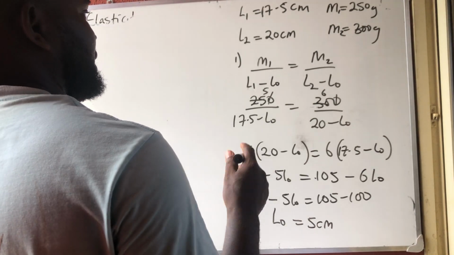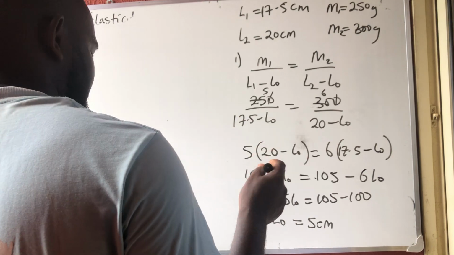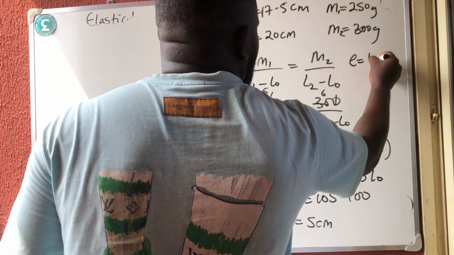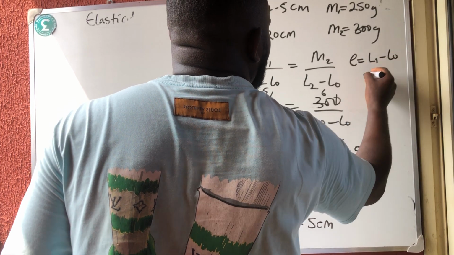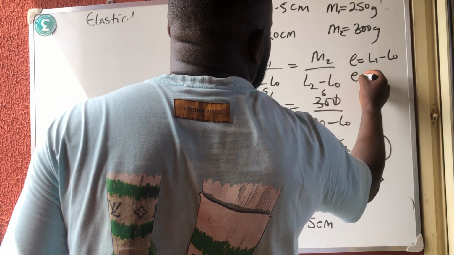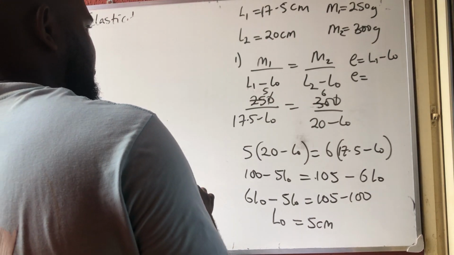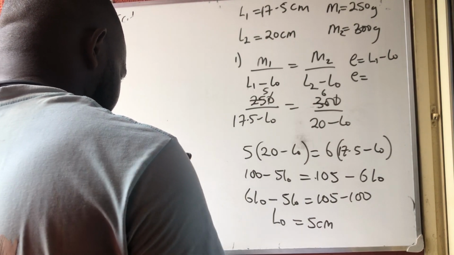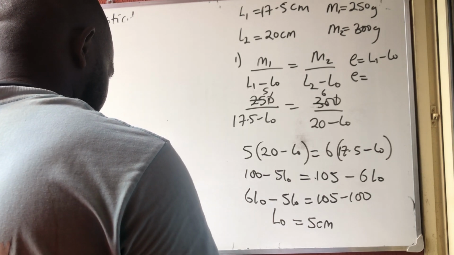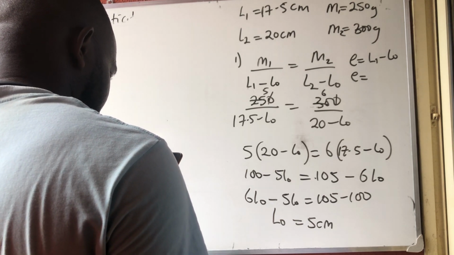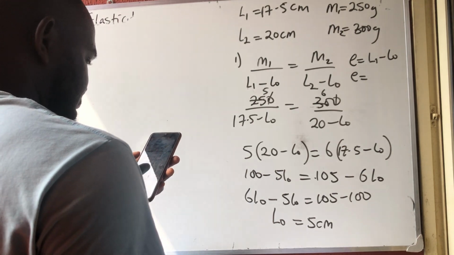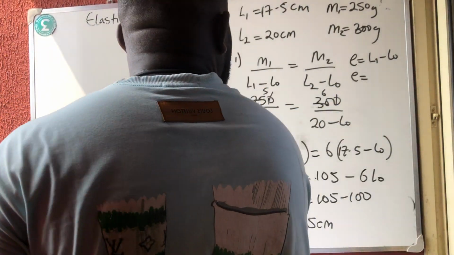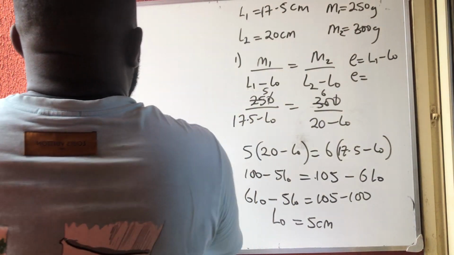So to calculate the extension, the extension is going to be L1 minus L0, or L2 minus L0, depending on the one you want. Let me write it here.